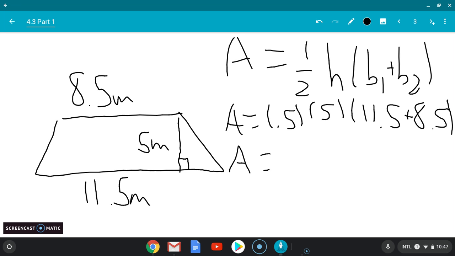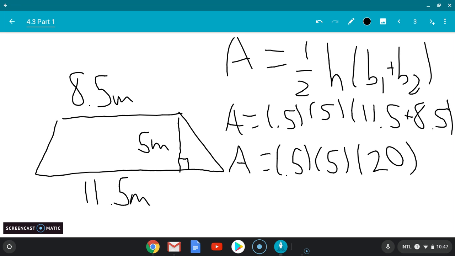So now I'm going to rewrite again. And I want you guys to write out each step on scrap paper so you don't lose track, okay? So once again, I have 0.5 still. I still have my 5 there for my height, but now in my parentheses, I'm going to have 20. All right, that's my base 1 and base 2 added together.